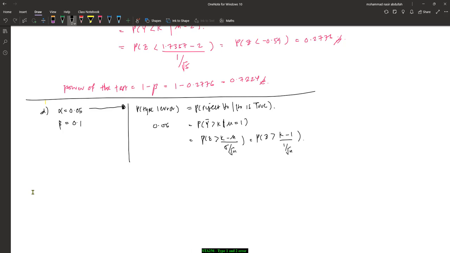We don't know the value of n. This is 0.05, kalau tengok dalam statistical table is 1.6449 equal to k minus 1 over square root of n. Right, so we manipulate this one, solve for k equal to 1 plus 1.6449 over square root of n. So this is going to be your first formula.